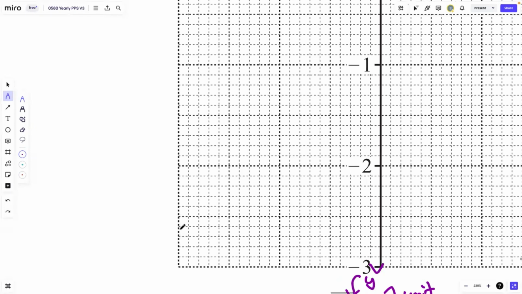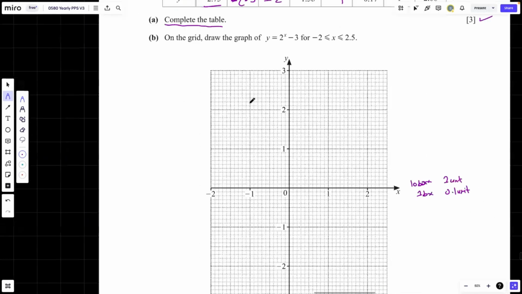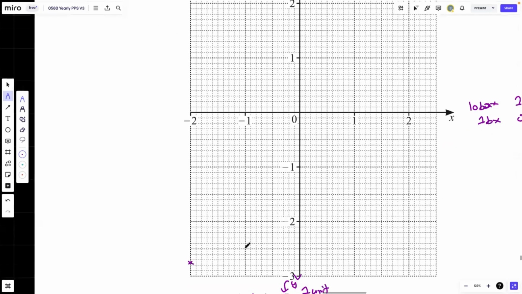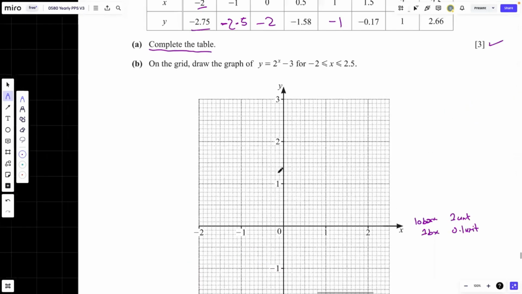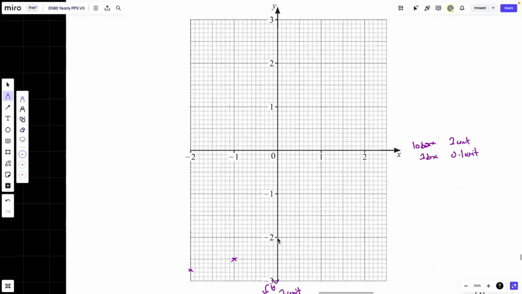It's -2.6, -2.7, -2.8, so it has to be between the two. Next up, we have -1 and -2.5. So that's going to be this value. Zero and -2. So that's this value.